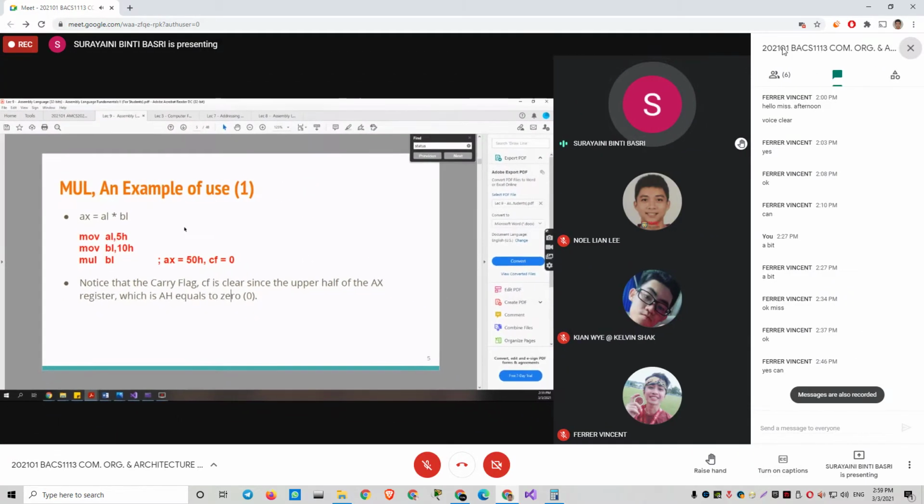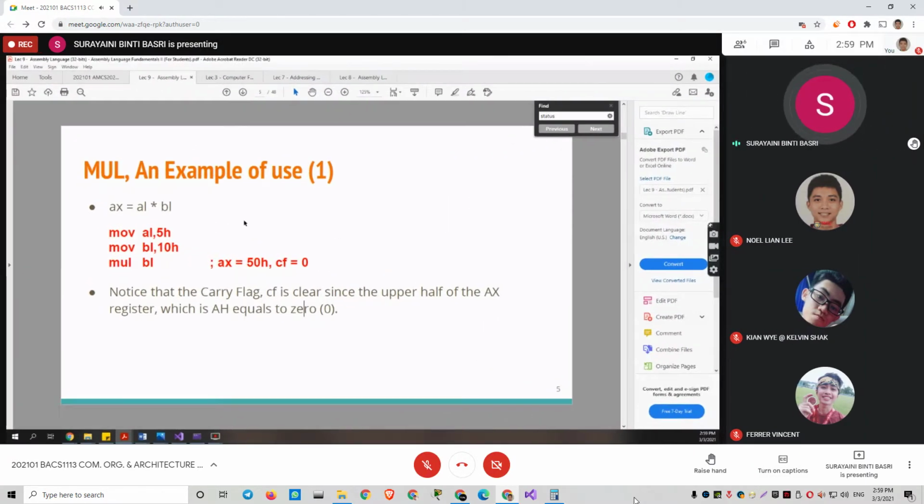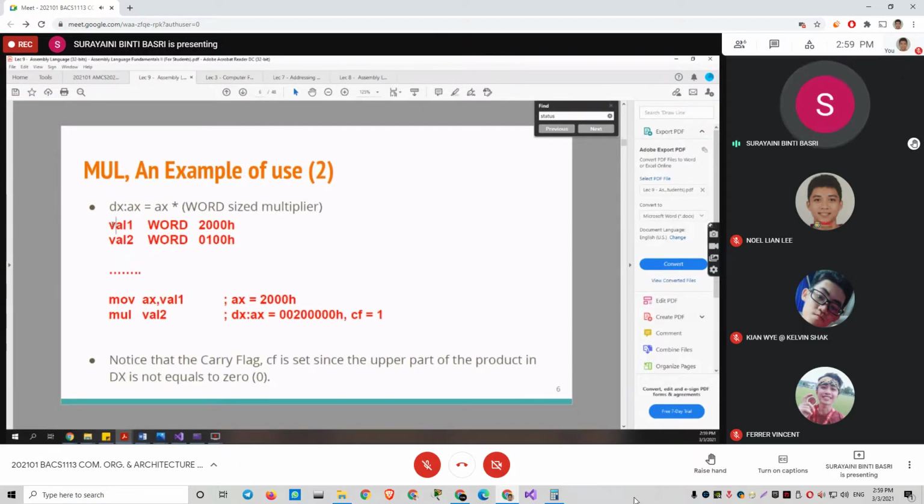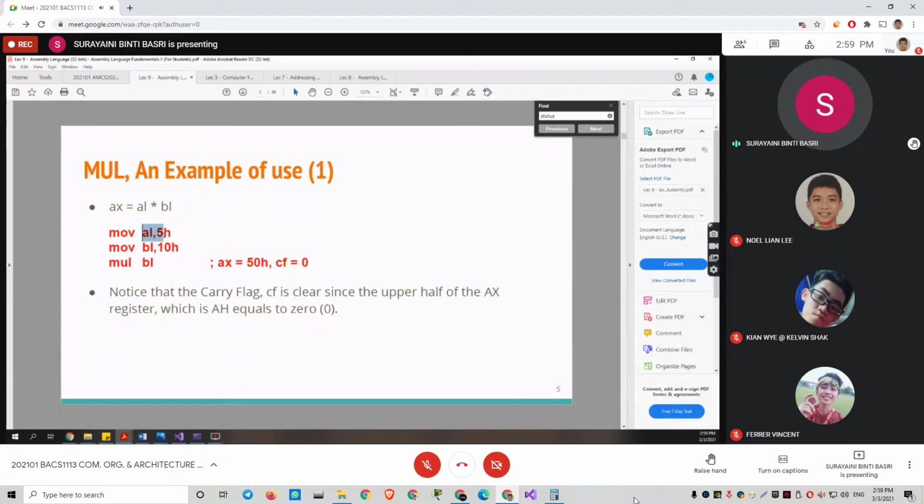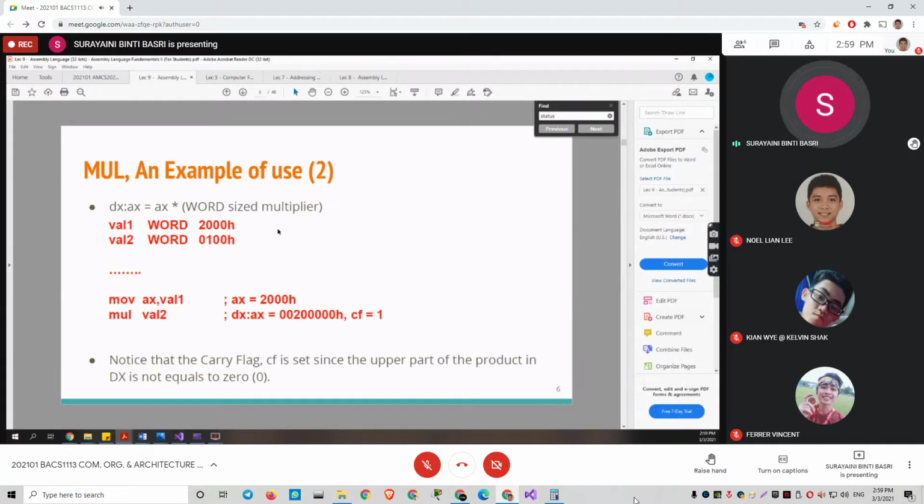Okay, so after that, we proceed to the second example of multiplication. This is another way of doing multiplication. Previously, we directly put the value to the register, but the second example is you assign the value to a variable. In this example, we multiply a 16-bit number, which should be stored in DX and AX.